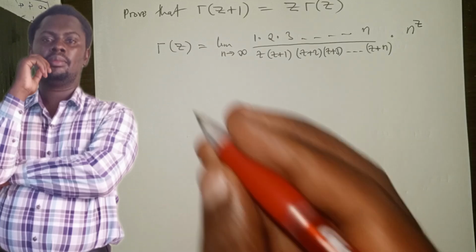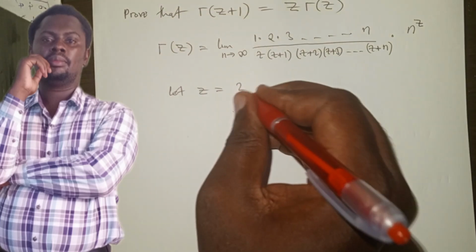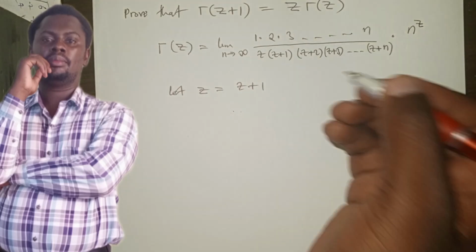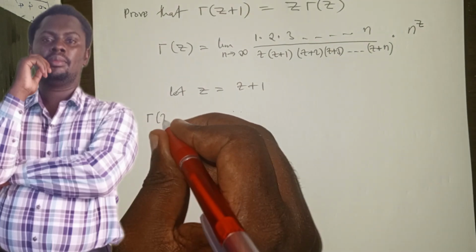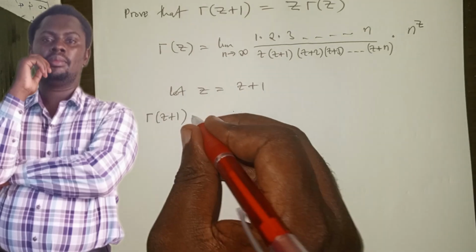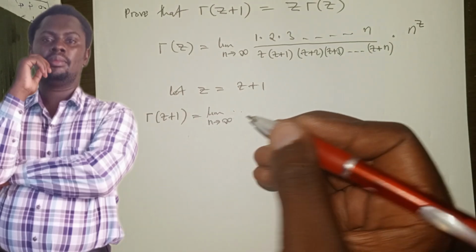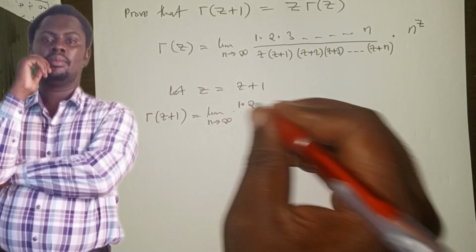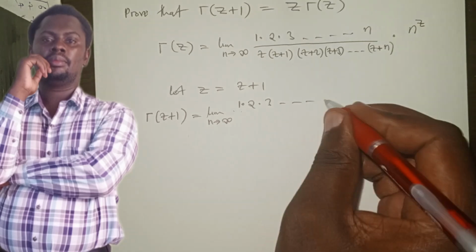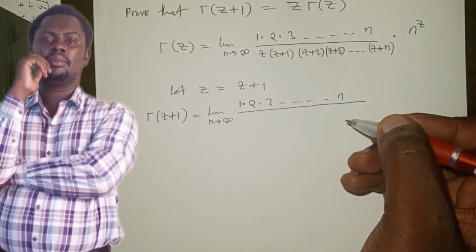That is step 1. Where there is z, we put z plus 1.